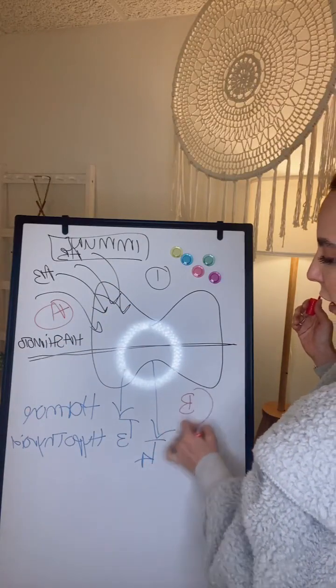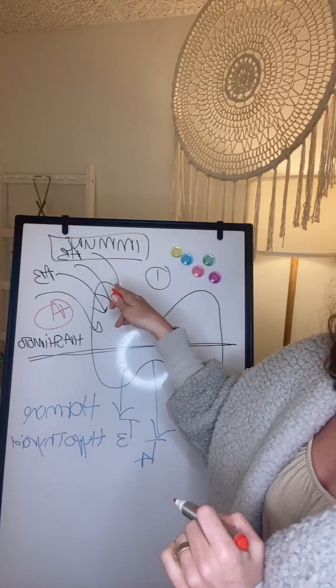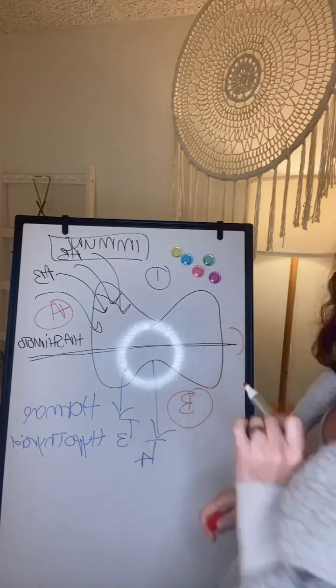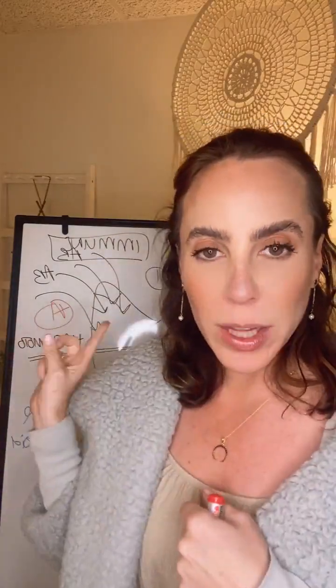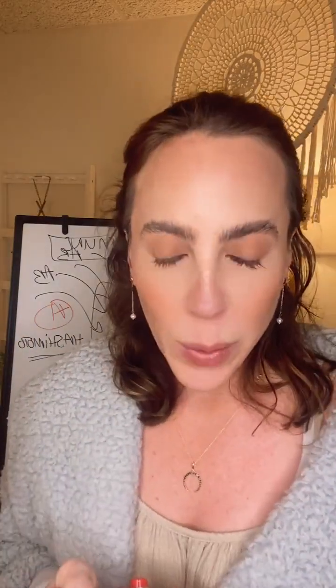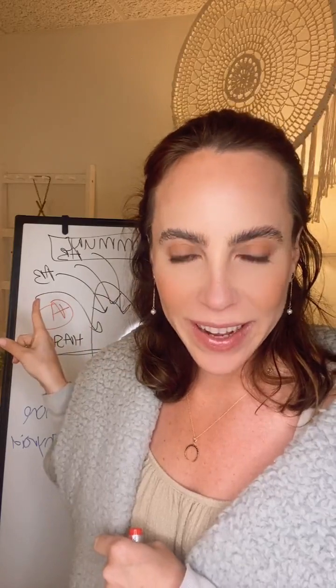Option B is you just have low thyroid hormone production without the top part. Or option C is you've got both things going on. Basically, in a nutshell, if you're only being treated for your autoimmune thyroid with your thyroid hormones, you haven't stopped the attack at the top part of the gland.